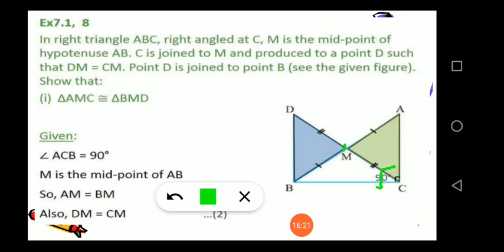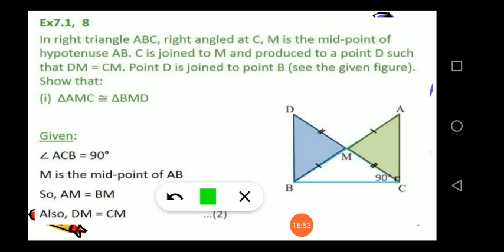Now C is also joined to M, and the same length it is produced to D. That is, DM is equal to CM, given, and then D is joined to B. Now we have to show that triangle AMC is congruent to triangle BMD.